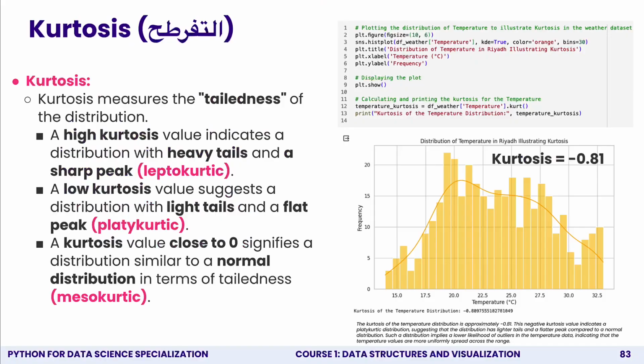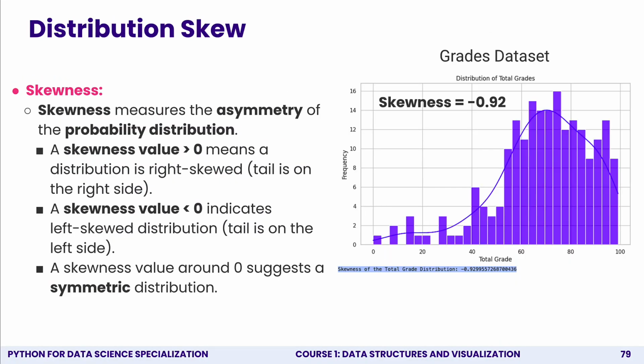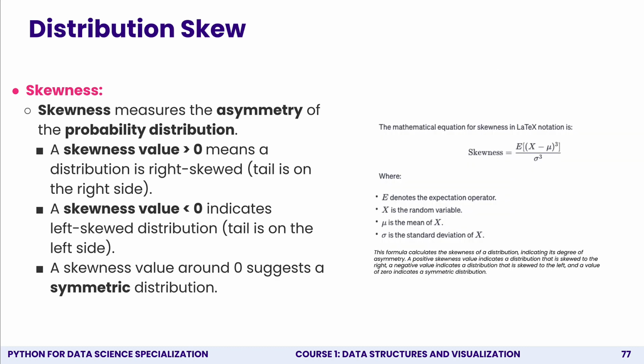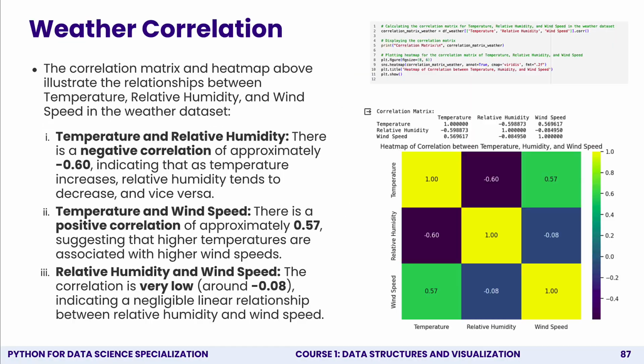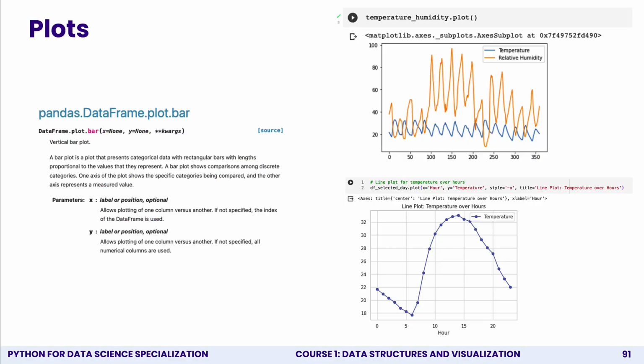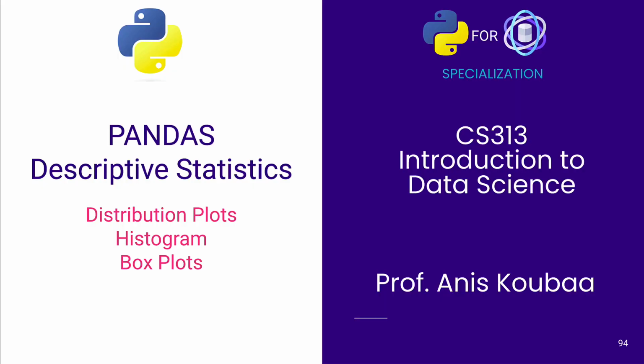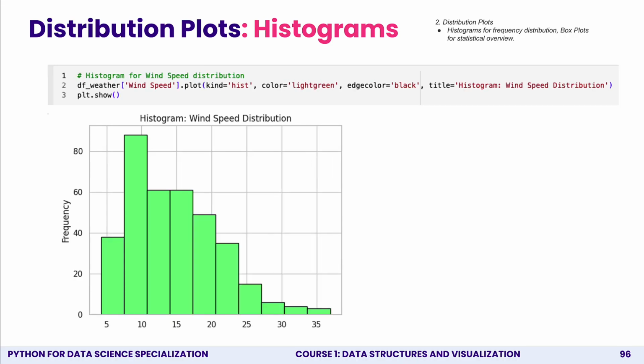It says the tail is on the right side. Okay, yes, this is the right side. The tail is on the left side. Yeah, okay, it's with respect to the tail. Yeah, you're correct, yes. According to the definition, tail on the right side is right skewed.